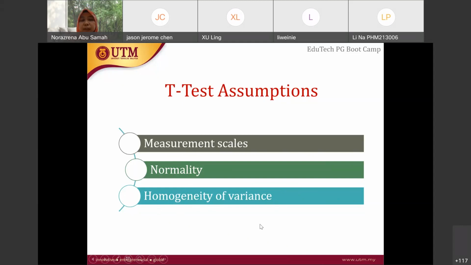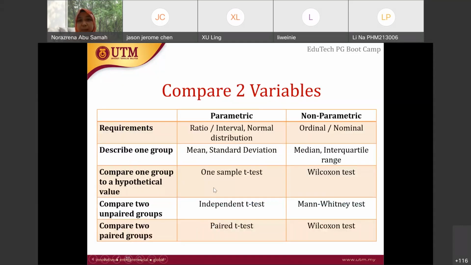If it fulfills all these assumptions, then you can run the t-test, or else you have to run the non-parametric test of this test. The name is either Wilcoxon or Mann-Whitney, so Wilcoxon. This one you do not need to remember because it is already in SPSS.